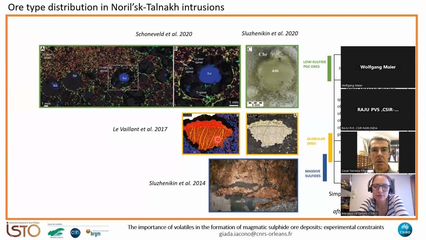I do think that the bubble is keeping the globular sulfides in place, because around it you see disseminated sulfides. So I think the difference between this one and this one, which Margaux found is exactly the same, so why do we have these big globules? Because there's a bubble that is keeping them nice and round.